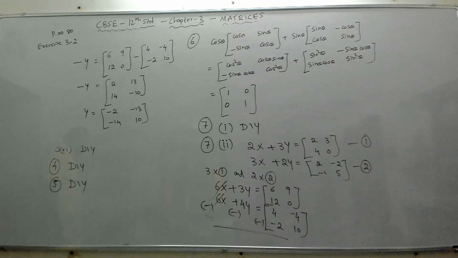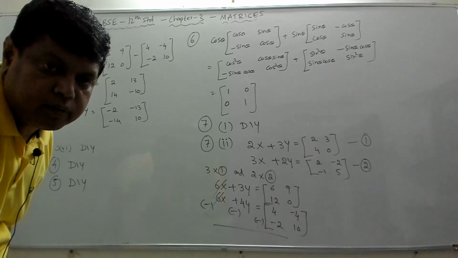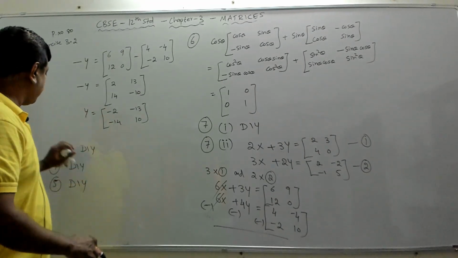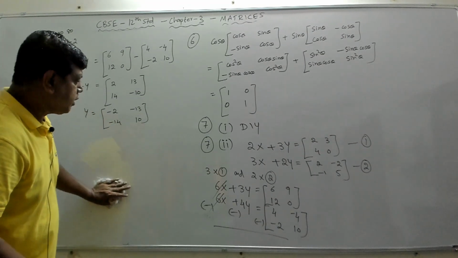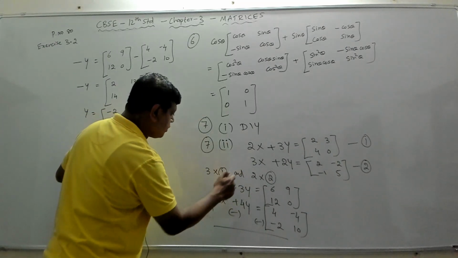So that is how we find the y matrix. Oh, one second, I think this has to be 9, right? 3 3s are 9.